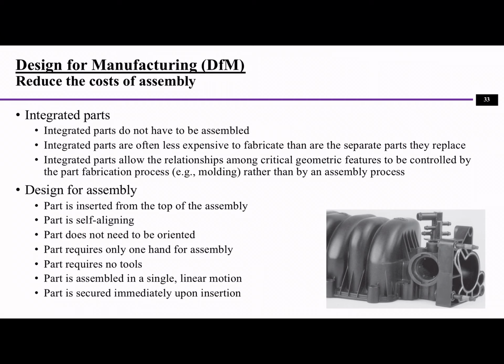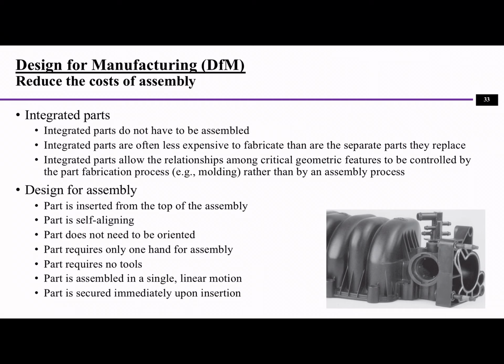So there's a concept called design for assembly. Design for assembly means you design the product or the parts so that they can be easily assembled, or so you can reduce the cost of assembly. Some of the guidelines are: the part is inserted from the top of the assembly, the part is self-aligning, the part does not need to be reoriented, it requires only one hand for assembly and requires no tools, is assembled in a single linear motion and secured immediately upon insertion.